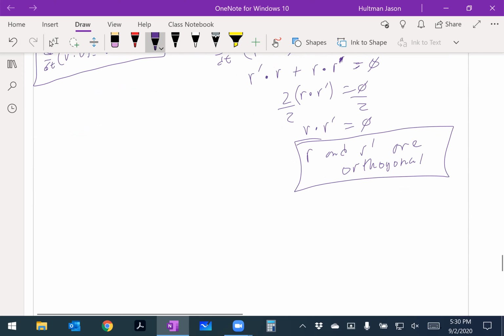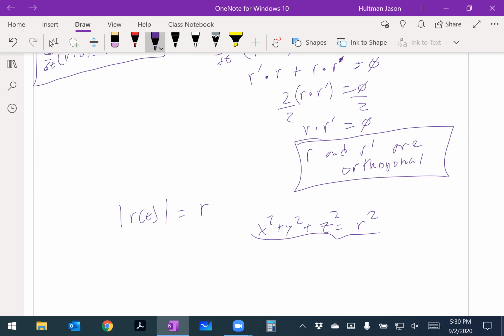Okay, what does this prove? This proves also that if the magnitude of r of t equals c, then we get x squared plus y squared plus z squared equals c squared. I'm going to replace the c with r. What's that equation of?